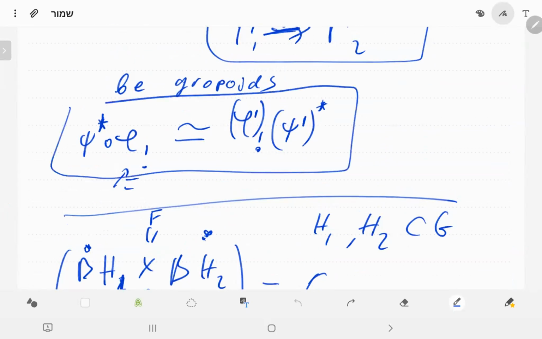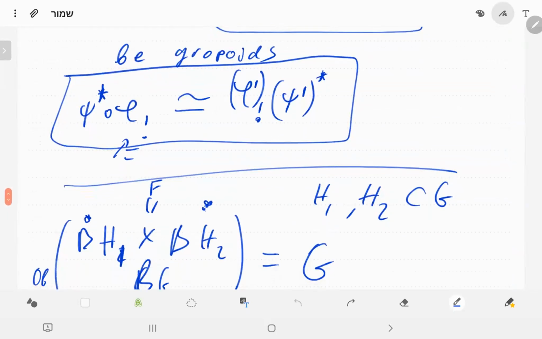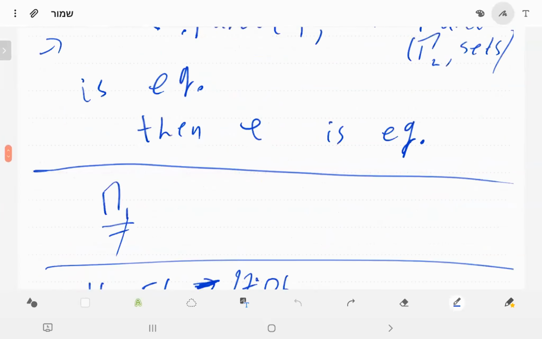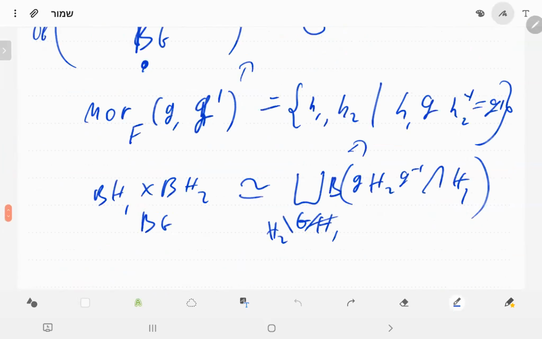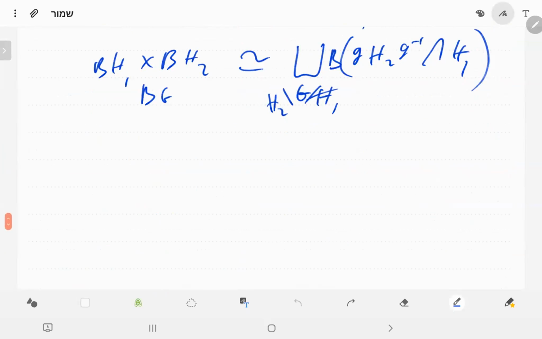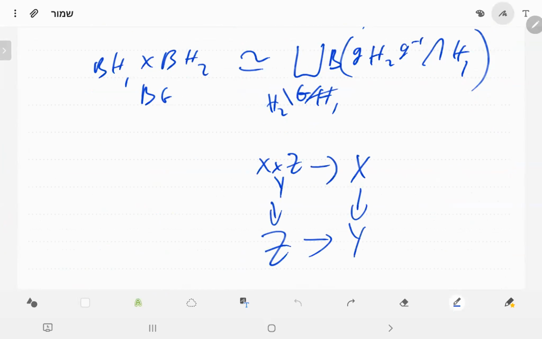Okay, so this theorem I will leave to you as an exercise, but I will say it's a trivial case, the case of sets, and the general case is not much harder. So this is another extreme of Mackey theorem. Mackey theorem is for groupoids of type BG, and the other extreme is groupoids which are just sets. So we have X, Y, Z all sets, and here you have X times Z over Y. This is something very general that's called base change.